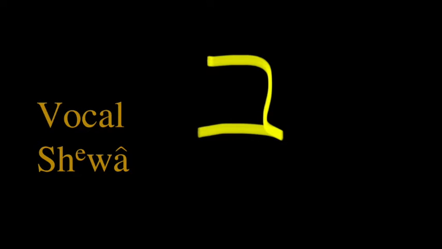Now we come to the second type of Shewa, the vocal Shewa. So let's have our letter B again, or Beth rather. And let's assume, for the sake of argument, that this is a vocal Shewa. Now, I'm going to talk about how you pronounce these things in another video later on, along with all the other letters of the Hebrew alphabet, because pronunciation is very important.